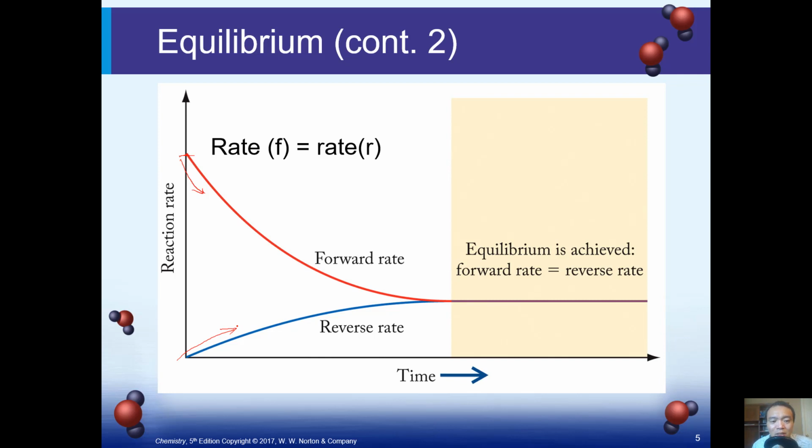At a certain point in time, the rates for the forward reaction and the reverse reaction will be exactly the same. At this stage, we know the reaction has reached equilibrium. As you can see in this shaded area, the rates are exactly the same, so we know the reaction equilibrium is achieved.